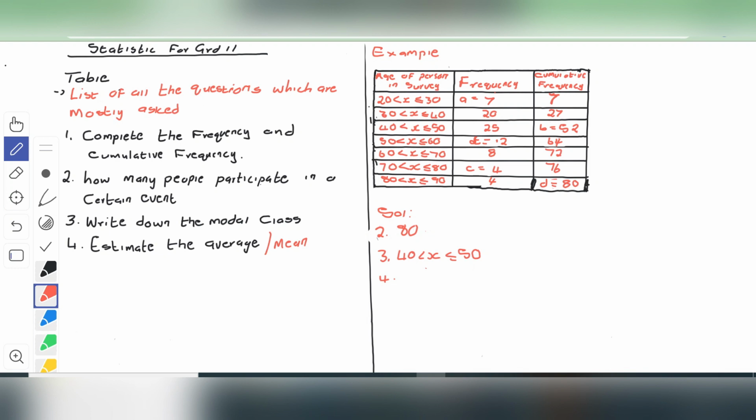And also, if you choose, for instance, 25, meaning here you have to also choose 35. So this is how we determine the average mean.